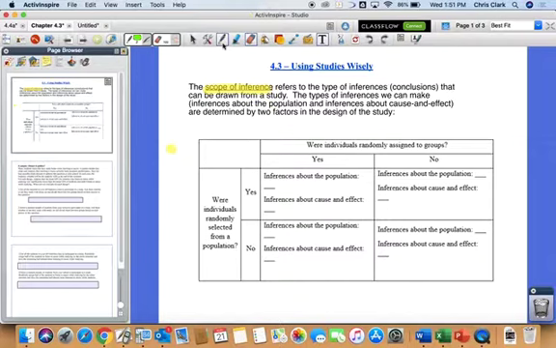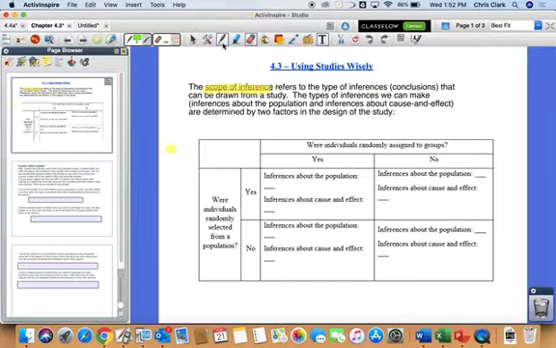So let's start in the very negative. There are 4 boxes, 4 different types of studies that we can have. The first one is where I answer no to both questions. I didn't randomly select from the population, and I didn't randomly assign to groups. If I didn't randomly select, that would be something like a convenience sample or a voluntary response sample. If I didn't randomly assign to groups, that means I'm doing an observational study. I'm not imposing any treatment.